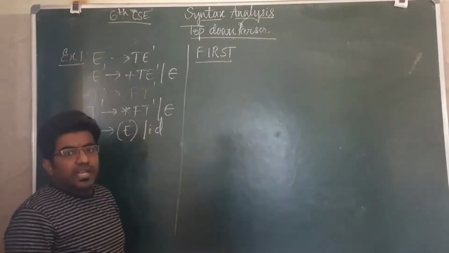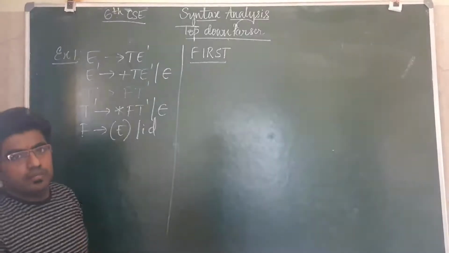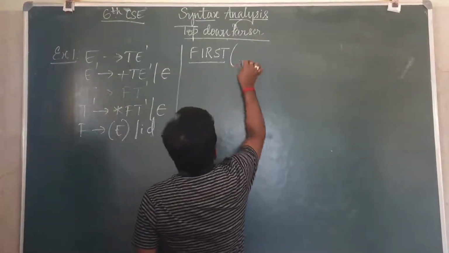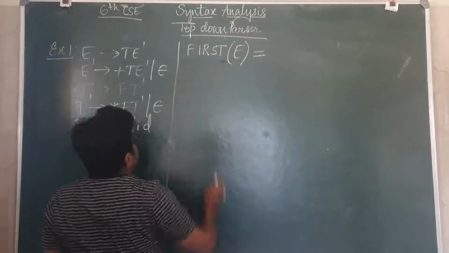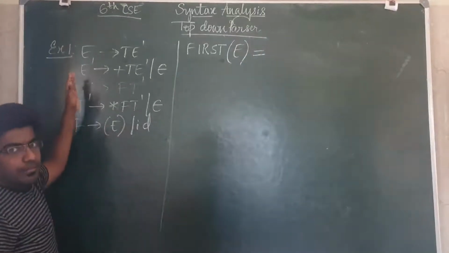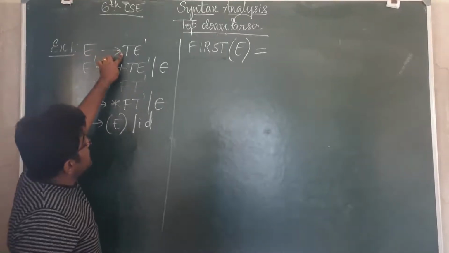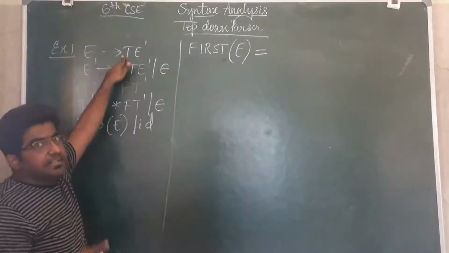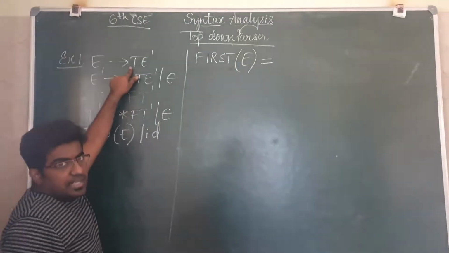While computing you will get to know. We have to compute it for all the non-terminals. First we will see first of E. Whenever we calculate first of a non-terminal, we consider the very first terminal if it exists. For this production, does any terminal exist in the RHS?